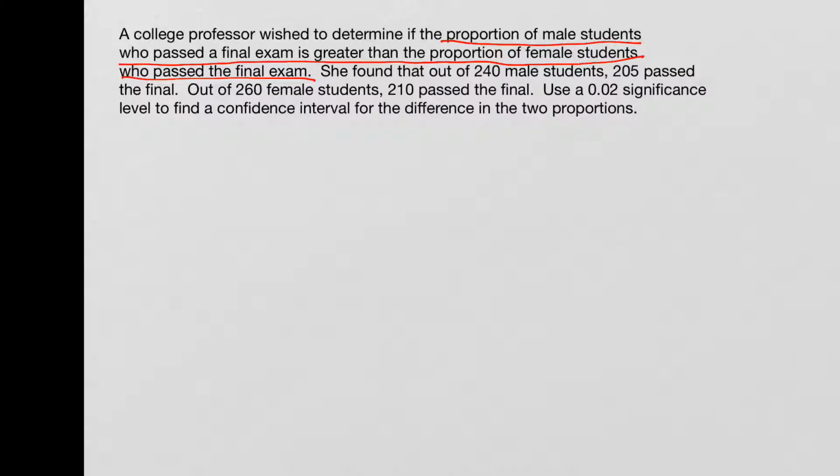So for my null hypothesis, I'm going to say that the proportion of male students is equal to the proportion of female students. And for the alternative hypothesis, I'm going to say that the proportion of male students is greater than the proportion of female students. So what this tells me is that this is a right tail test.